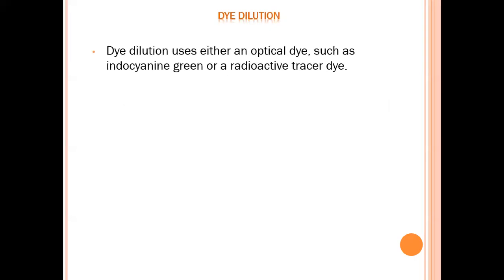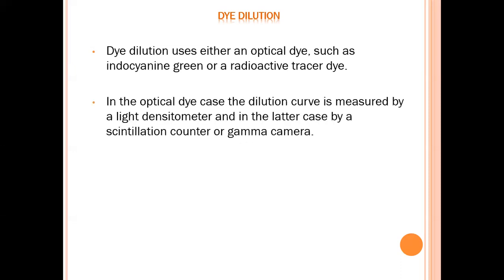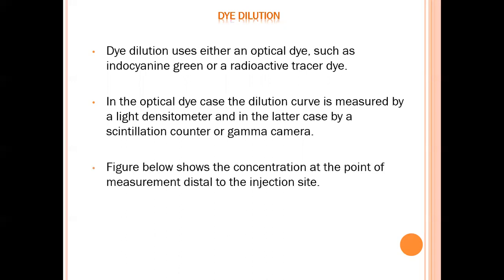So we have another dilution technique called the dye dilution. Dye dilution uses either an optical dye such as indocyanine green or a radioactive tracer dye. In the optical dye case, the dilution curve is measured by a light densitometer, and in the latter case, by a scintillation counter or gamma camera.